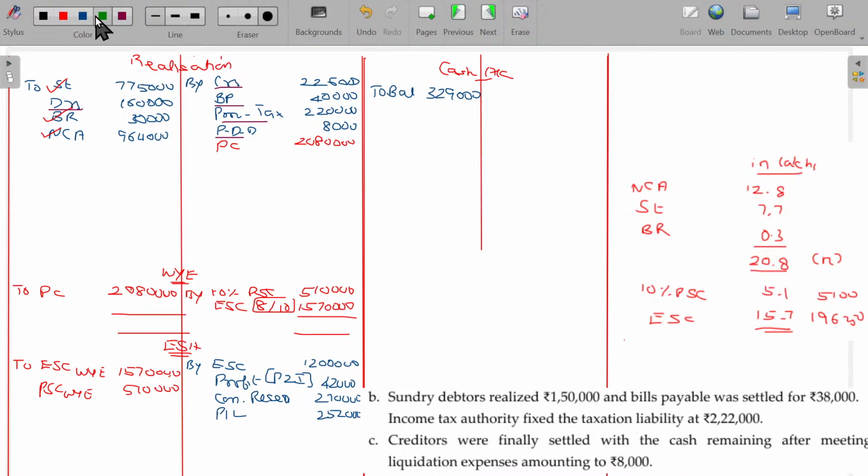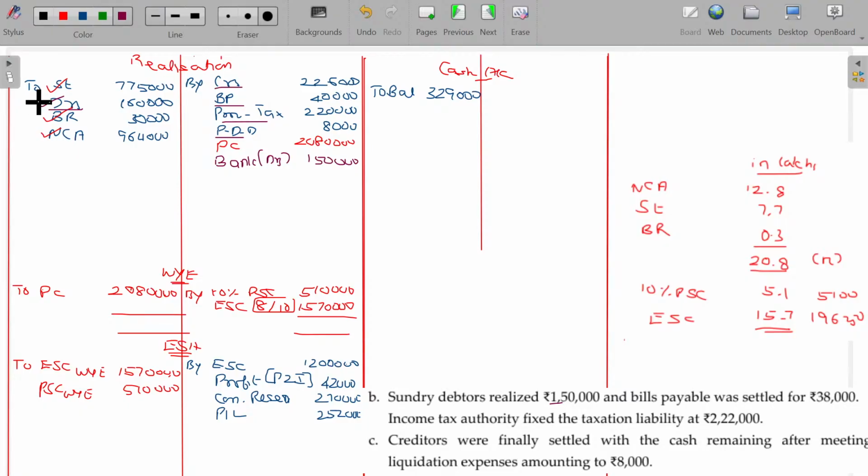What happens here? Sundry debtors realized 1,50,000. By realizing debtors you get the cash, so bank. The amount realized by settling the debtors being 1,50,000. I put the tick mark for the debtors, meaning that this one is recorded.